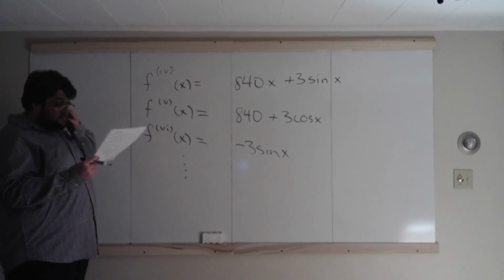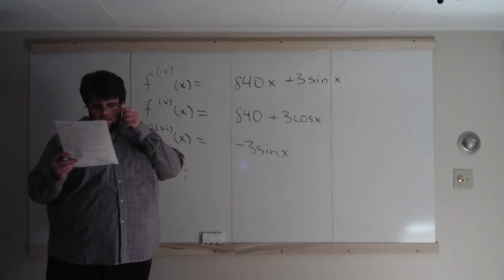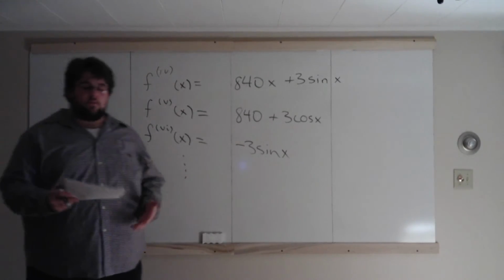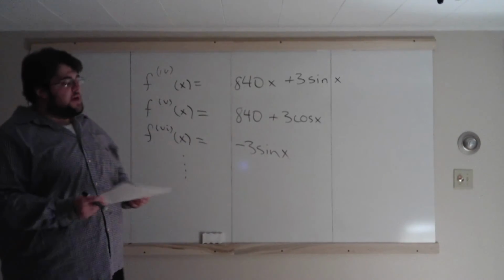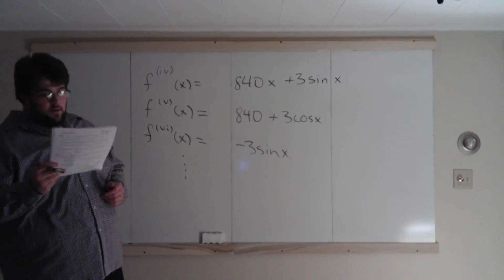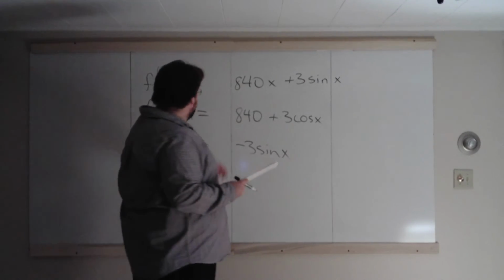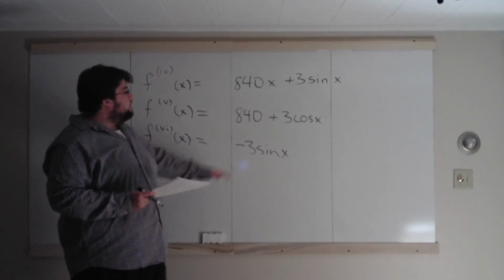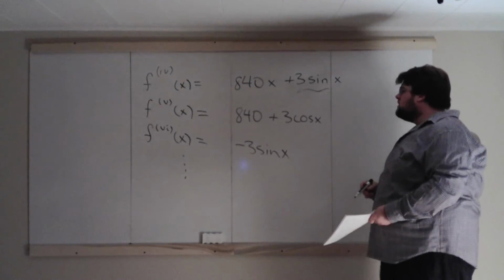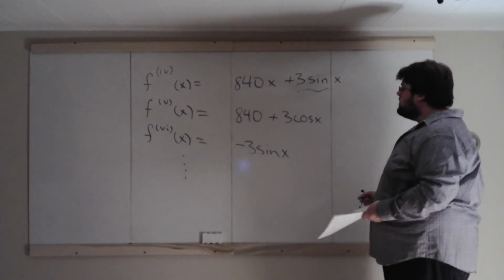Now, one thing I'd like you to observe with this: the trig term in the original function was 3 sine of x. And notice that showed up again in the fourth derivative. So you started with 3 sine of x, and then the fourth derivative brought you back to 3 sine of x. In the first derivative you had 3 cosine x, and in the fifth derivative you also had 3 cosine x.